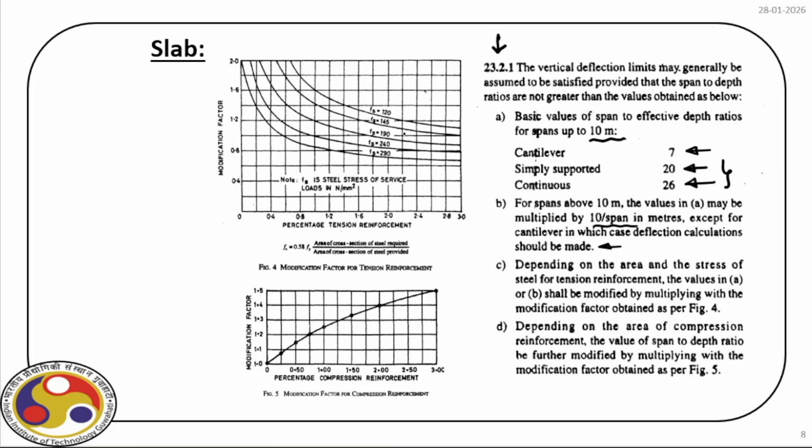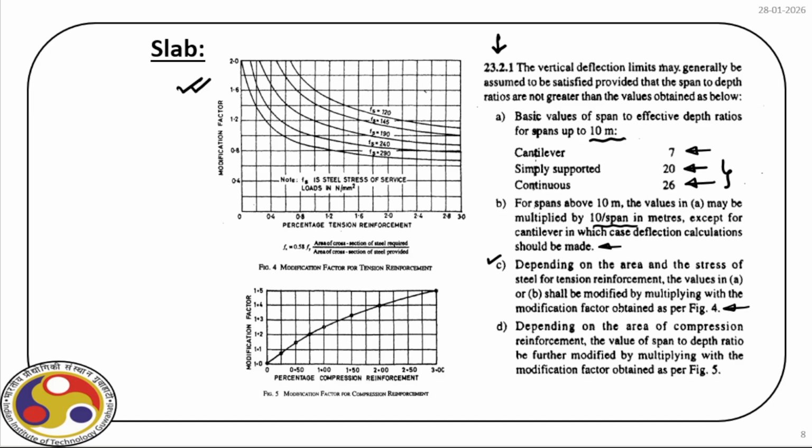So that is fine. Now the subclause C says, depending on the area and the stress of steel for tension reinforcement, the value of A and B shall be modified by multiplying with the modification factor obtained from figure 4, which is shown here. So for that, what we have to do?